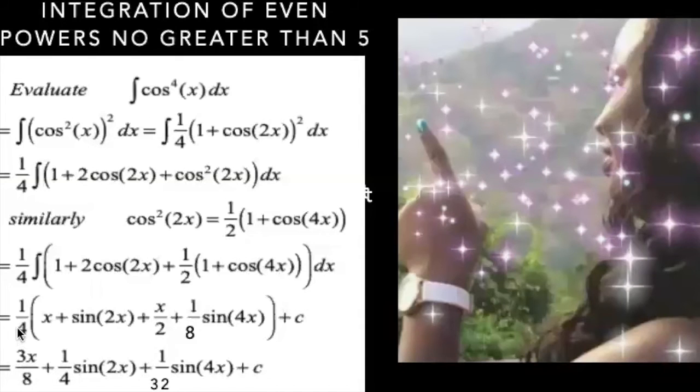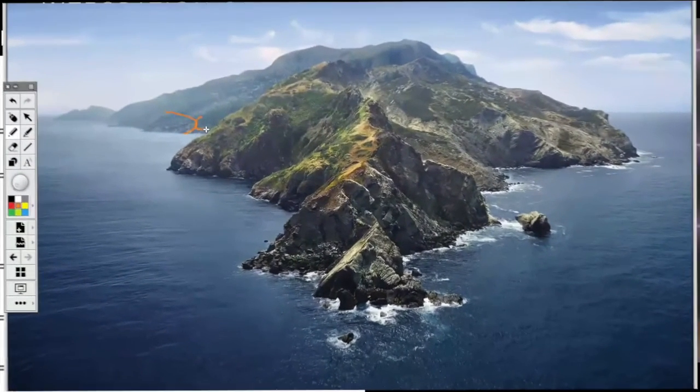Now, distributing and simplifying, that's what's happening here. X plus x over 2 is 3 over 2 x.